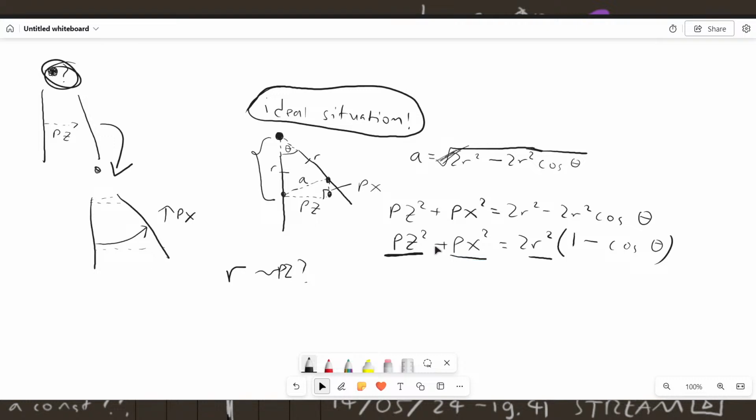Pz squared. So this is the input. Let's just simplify things. This is an input value right here. This is also an input, by the way. This theta, we know that, so that's also an input. Cosine, and then r. How does this work?